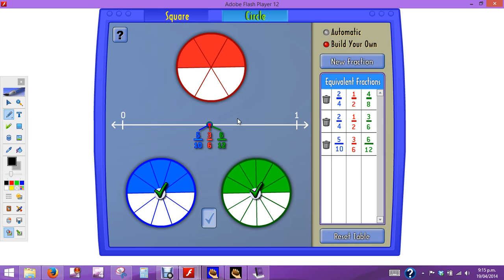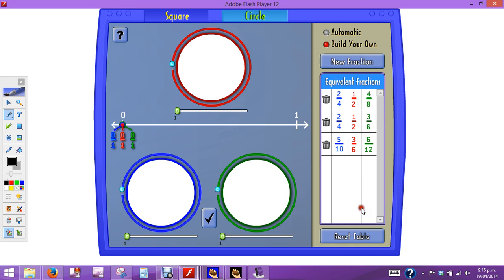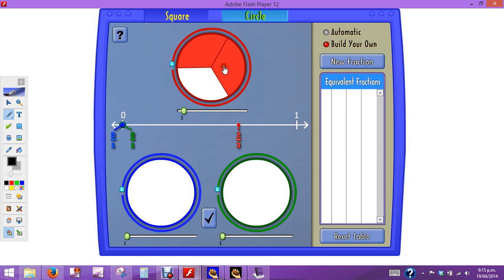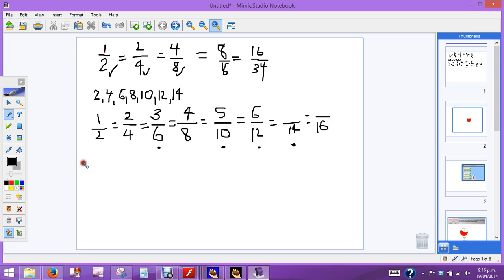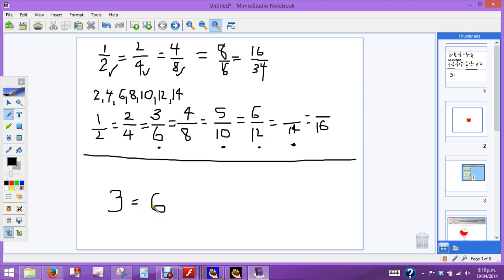Let's do a different one. Let's do a new one. We'll reset the table and we'll do thirds. 2 thirds. If I know my multiples of 3, thirds can then be changed into sixths.